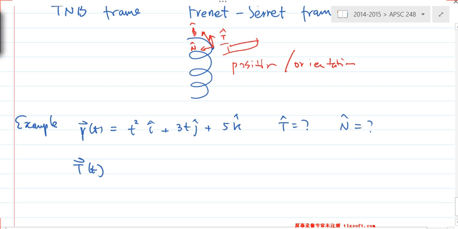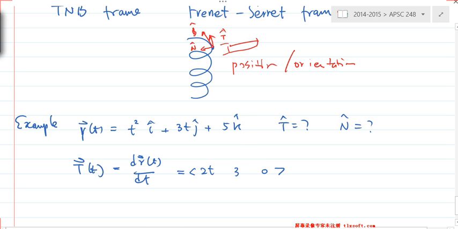First, we need the T hat, but we have to calculate the T vector first. So let's try the easy part. That's dr over dt, which is (2t, 3, 0).